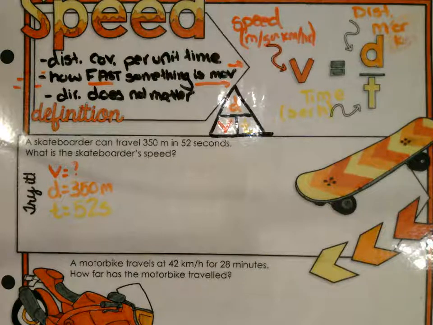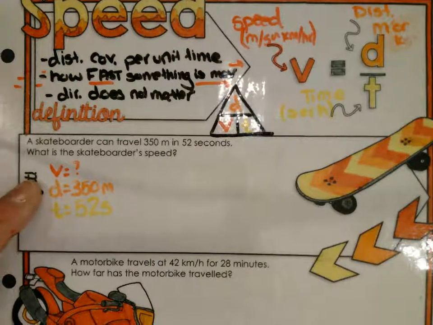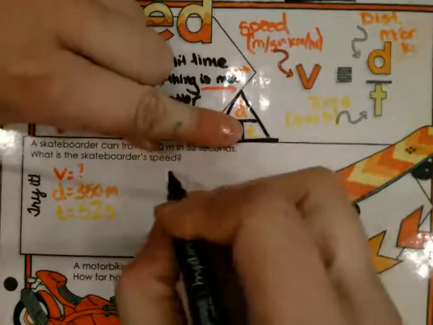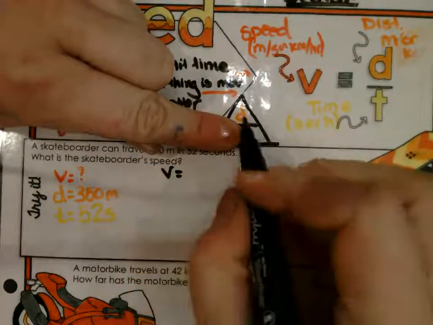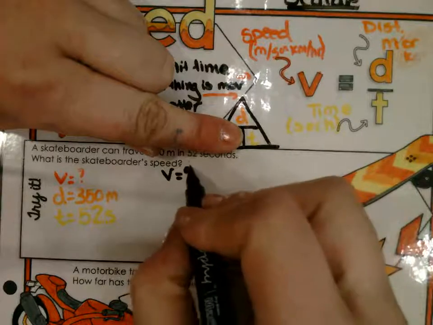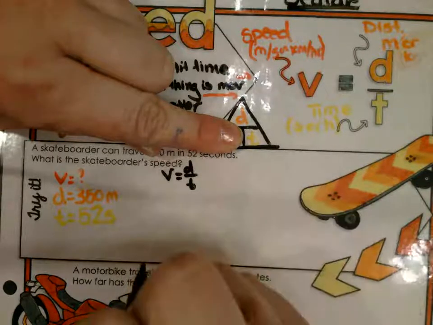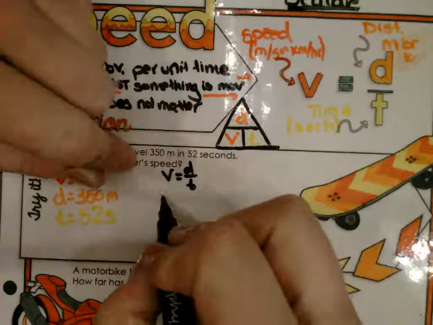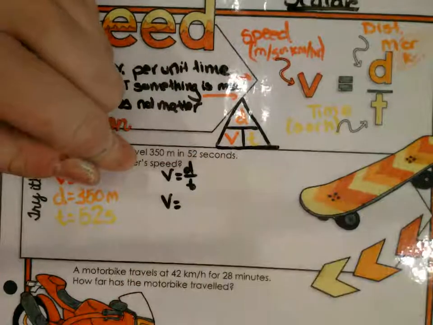So now I need to figure out what equation I'm going to use and plug it in. So since I'm looking for V, I'm going to cover up the V. So my velocity is equal to distance over time. So my velocity is equal to, let's plug in what I have.